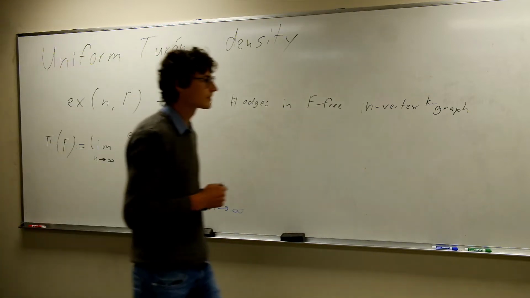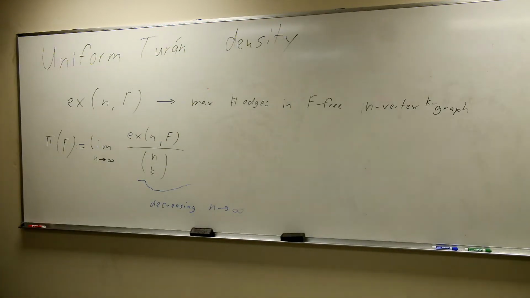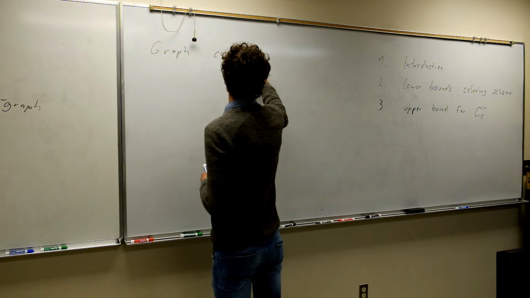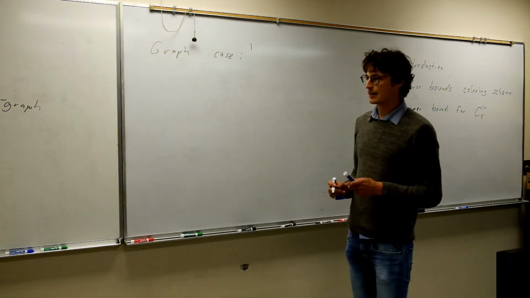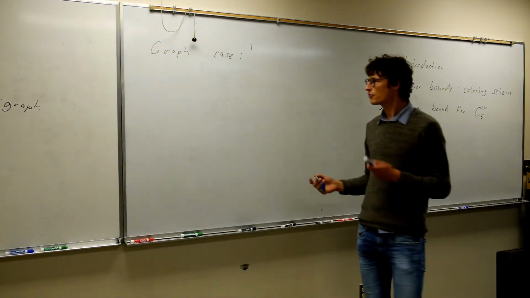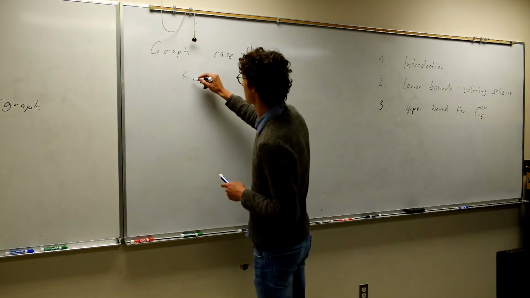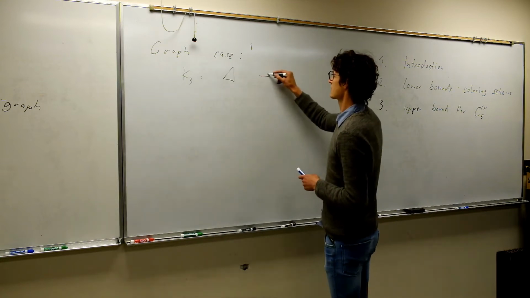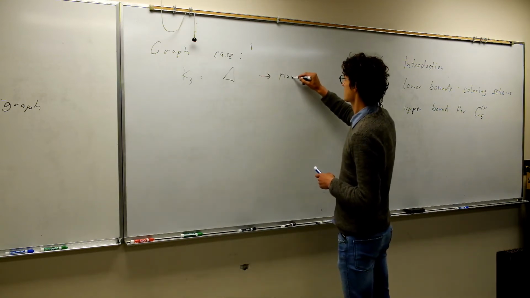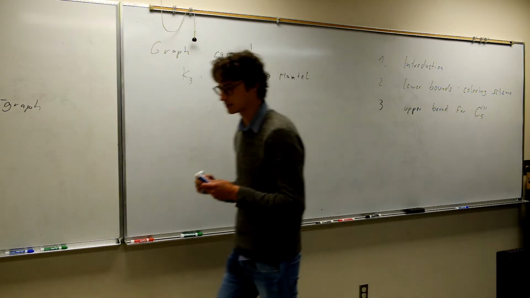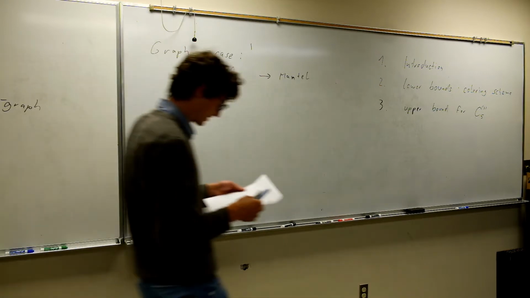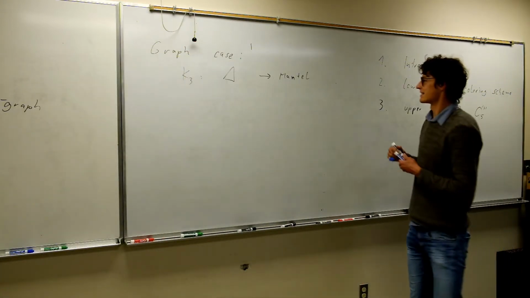Good. So the easiest case is the graph case, so k equals 2. What can we choose for F? A choice for F could be the triangle. So basically this graph. And this is solved by Mantel in 1907.